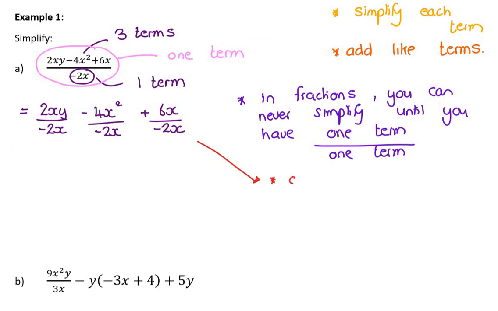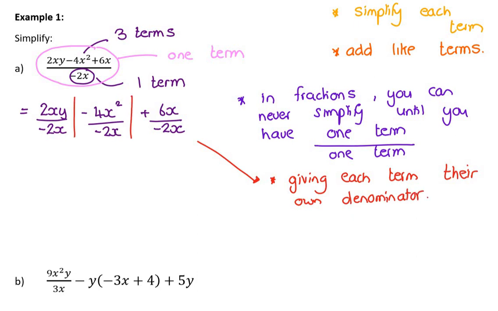So this is called giving each term their own denominator, because in reality each of these numerator terms has to be divided by minus 2x. So you end up giving each term their own denominator. Now by doing that, you have created 1 term over 1 term for each term. So there are now 3 terms, and each of them are 1 term over 1 term.